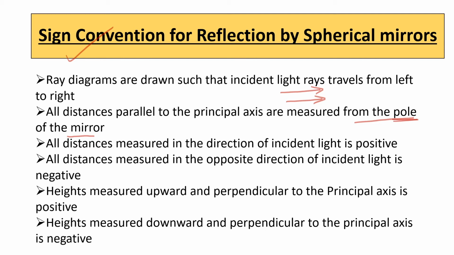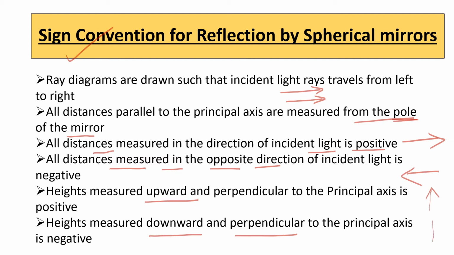All distances measured in the direction of the incident light will be positive, that is, in this direction it will be positive, and all distances measured in the opposite direction will be negative. And heights measured upward and perpendicular to the principal axis will be positive. Heights measured downward and perpendicular to the principal axis are negative. These are the sign conventions.